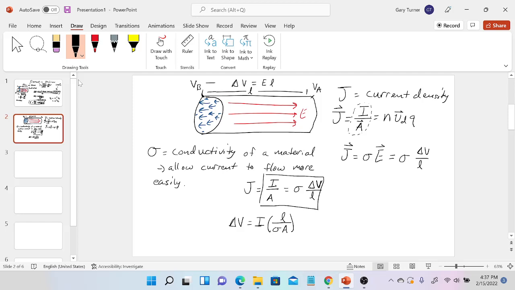But there's another quantity called the resistivity, not to be confused with charge density, but this is the resistivity. And this is a measure of how resistive your material is. And it turns out that your resistivity is equal to the reciprocal of your conductivity. So if you have really good conductivity, you'll have very low resistivity.